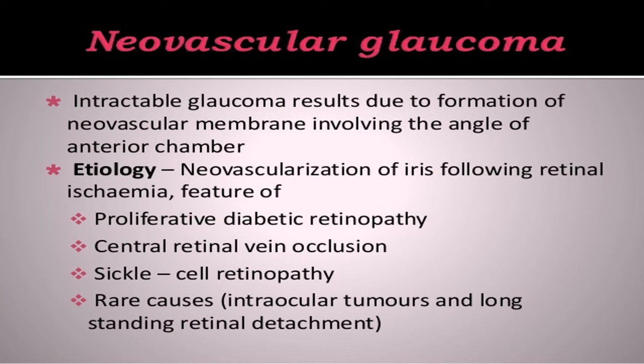Whenever there is ischemia of the eye, especially in central retinal vein occlusion, proliferative diabetic retinopathy, sickle cell retinopathy, or any intraocular tumors along with retinal detachment, vasoproliferative growth factors, that is VEGF, are released from the ischemic part of the retina. Through the vitreous and aqueous they come into the anterior chamber.